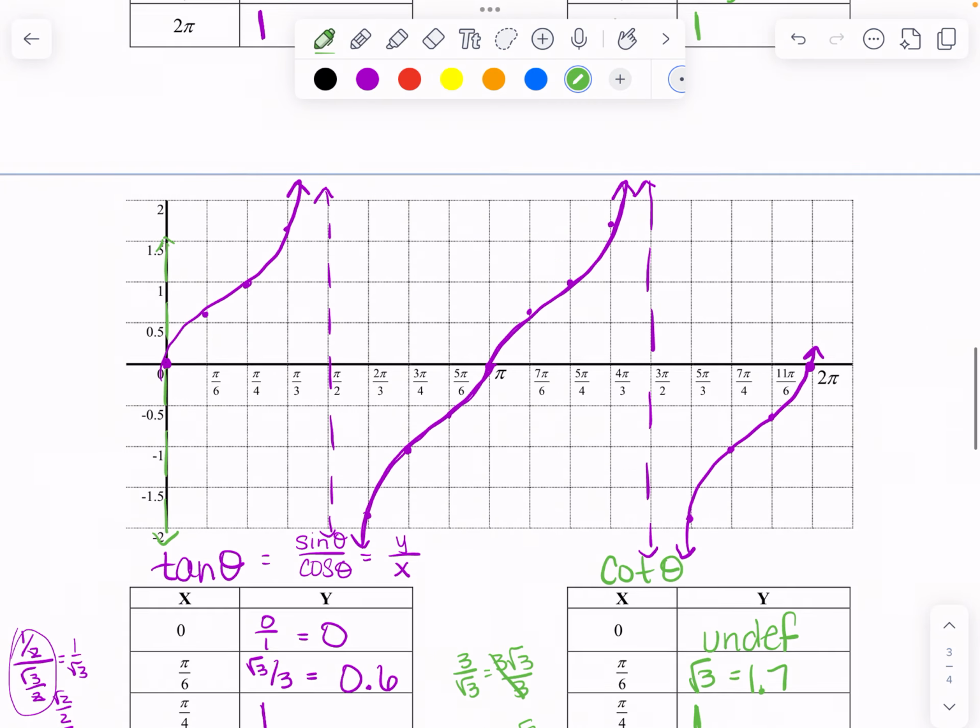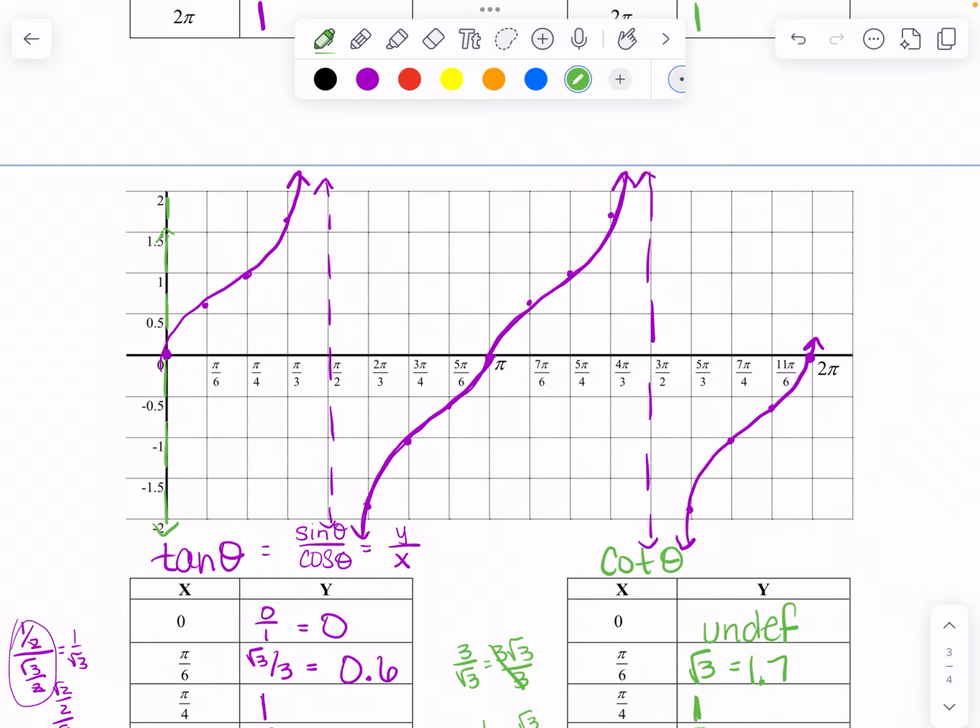All right, here we go. Let's plot these points. So undefined, I did that first one already. Here's an asymptote. 1.7, 1.6, 0, negative 0.6, negative 1, negative 1.7, asymptote.